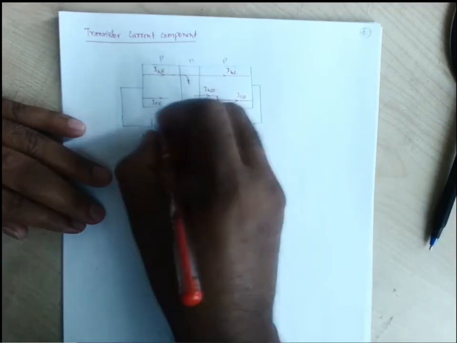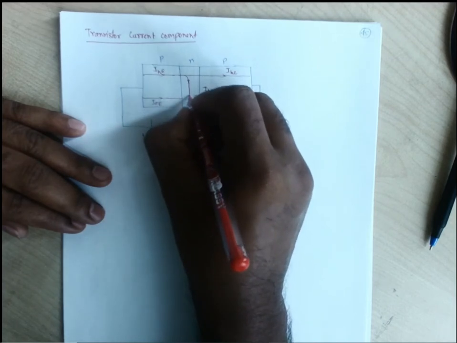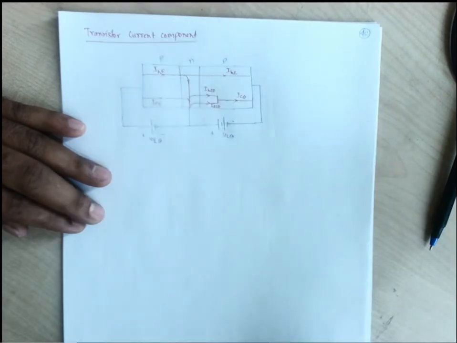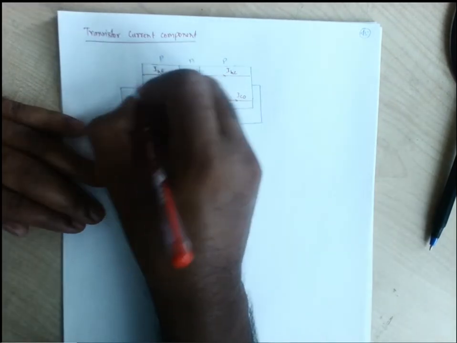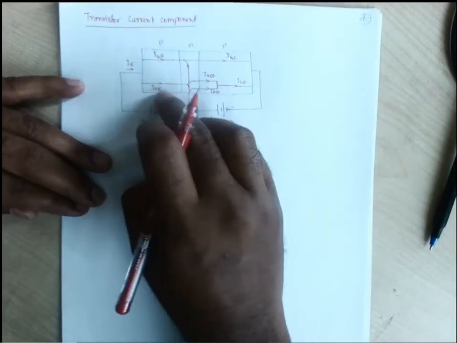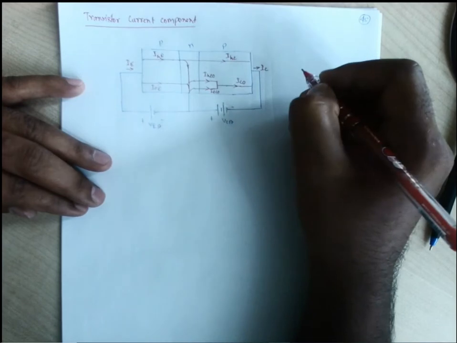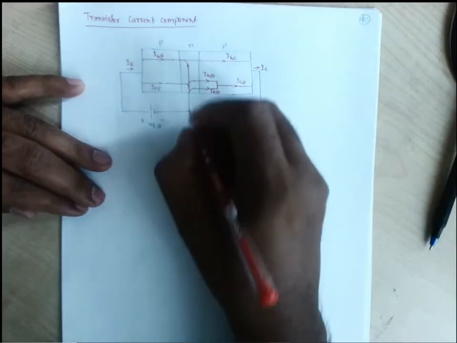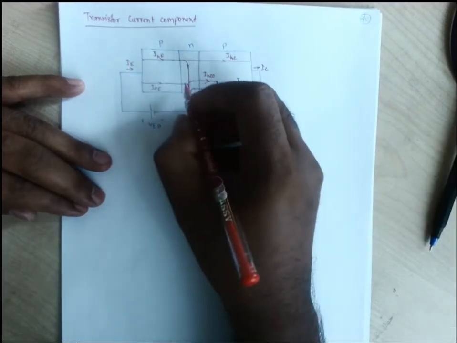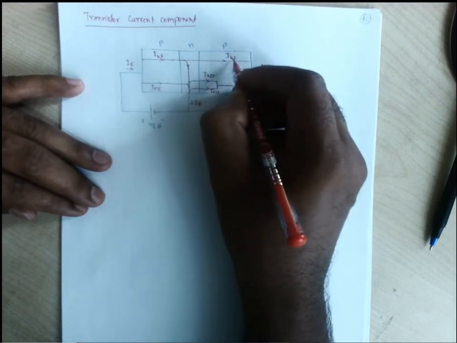Now what will be the amount of this base current? That is what we need to find out. IE is equal to IHE plus IEE. IC is IHC plus ICO. Now what will be IB? IB is the difference of IHE minus IHC.